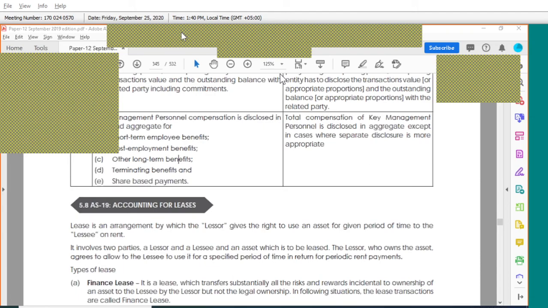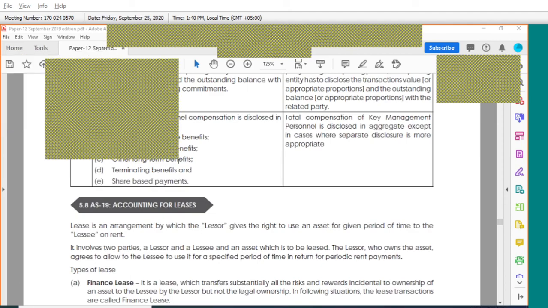I am doing some business. What is the accounting treatment in my books of accounts? I am the user, the lessee, the user of that asset. I am paying lease rent. If I pay lease rent to my owner, how will I account for that lease rent in my books of accounts? Just share your views.